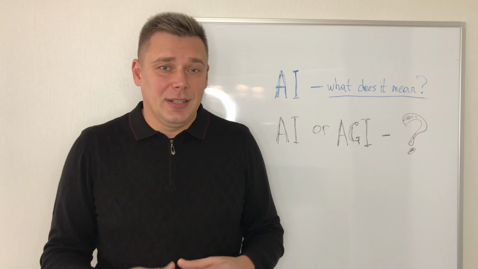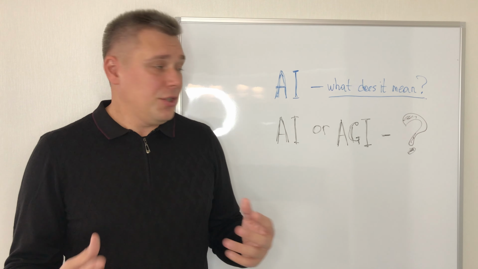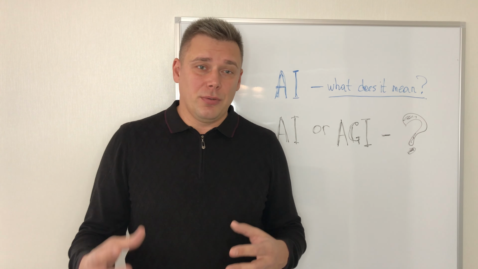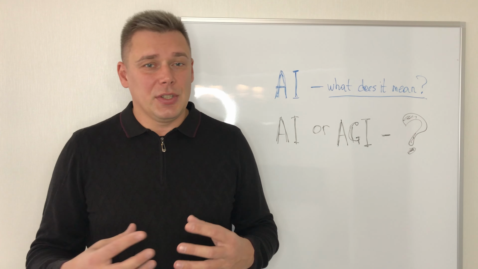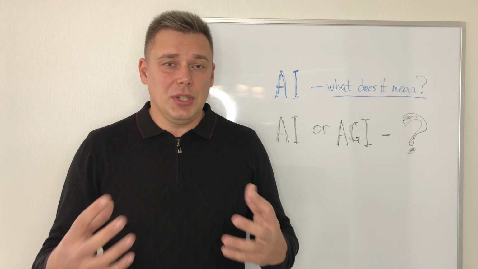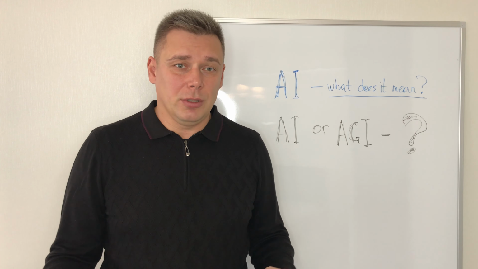But for something global, we have a term called AGI. It stands for artificial general intelligence. This is more about a system which understands and knows a lot about the world around us.